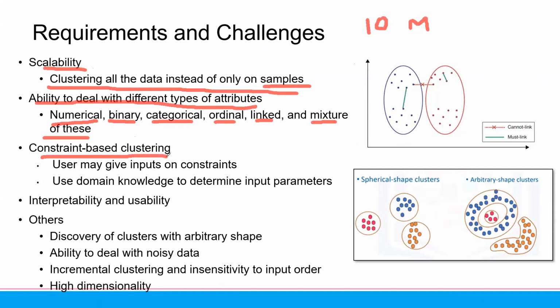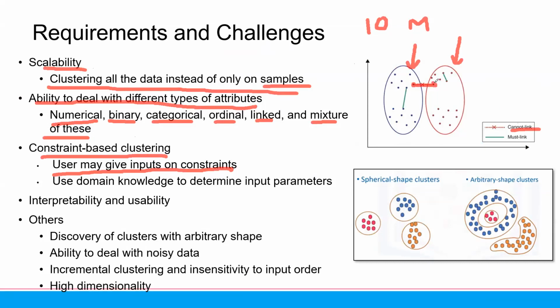Constraint-based clustering. Constraint-based clustering means the user may give inputs on constraints. For example, if I have this kind of data, I can give constraints. This data and this data cannot link. So I cannot make the link between those two data.